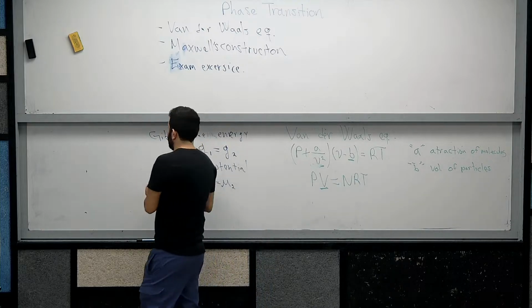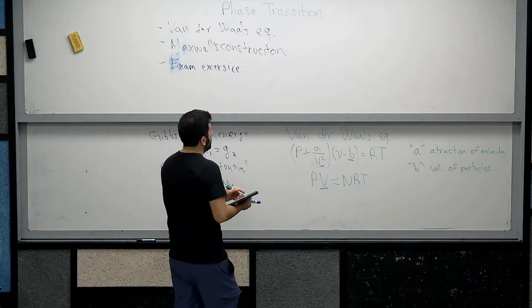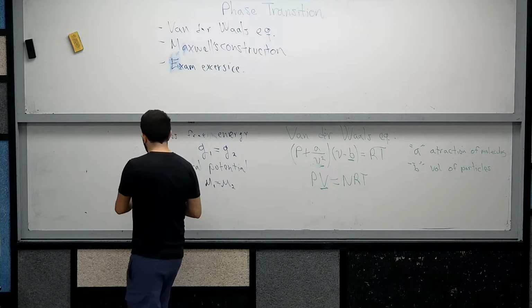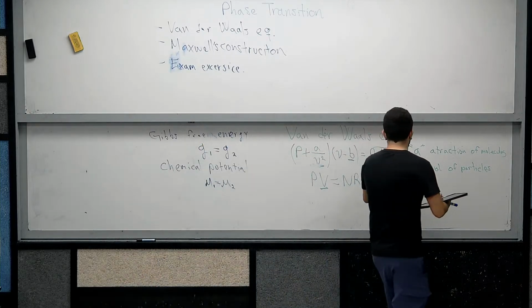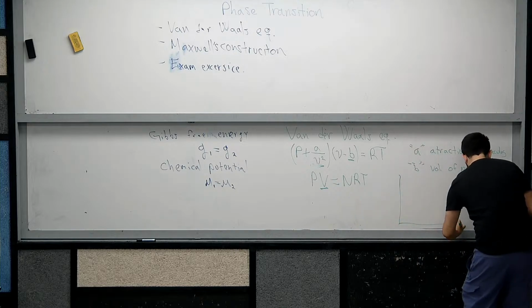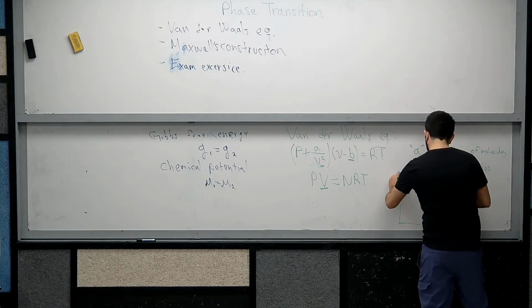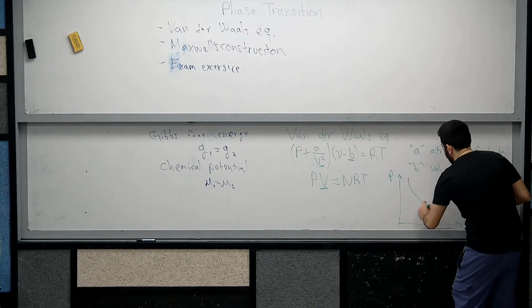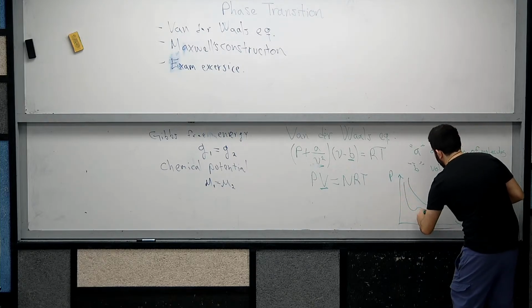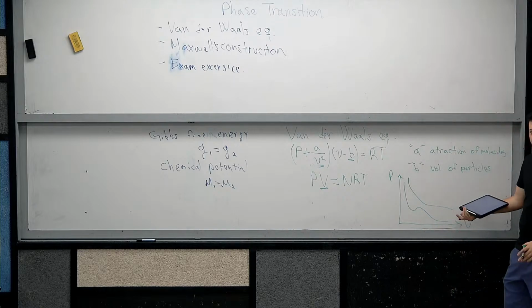Okay, and you also saw this diagram with Stas, right? Where he showed you that at some point on the PV diagram you have these curves, and then at some point, something like a bump happens, right?